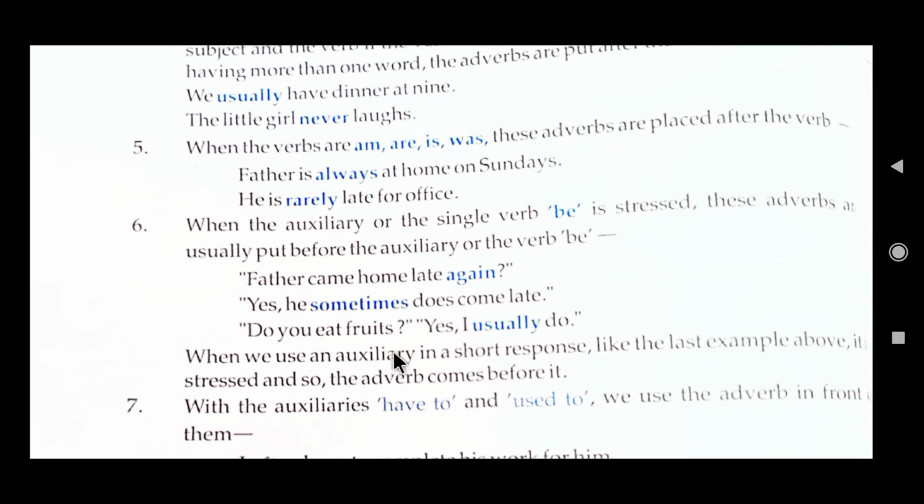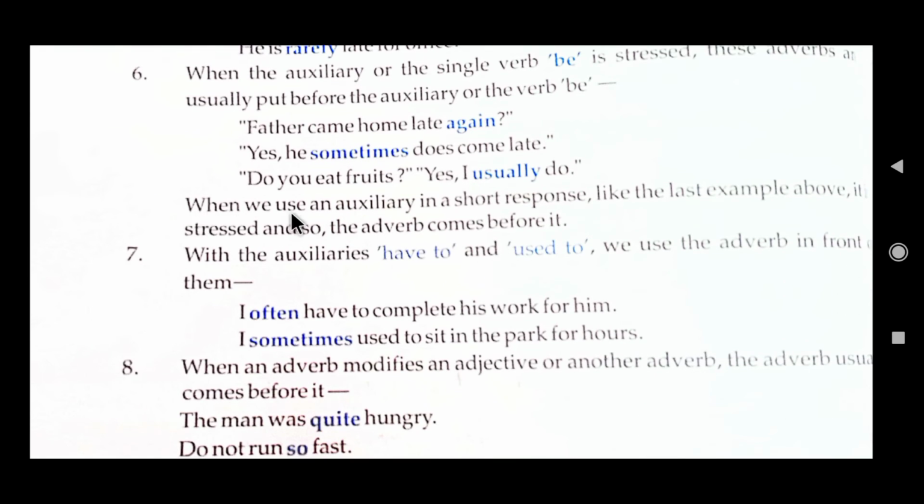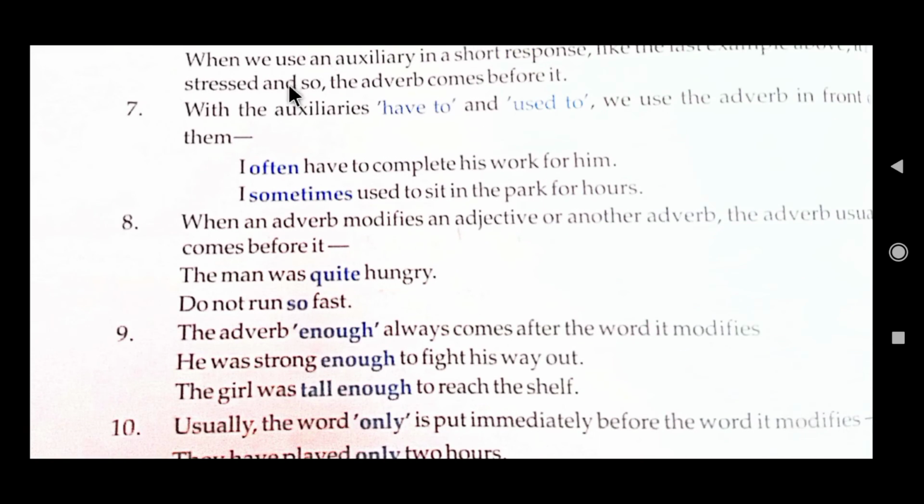Do you eat fruits? Yes, I usually do. When we use an auxiliary in a short response, like the last example above, it is stressed, and so the adverb comes before it. So the adverb comes before an auxiliary or a main verb. With the auxiliary have to and used to, we use the adverb in front of them. So whenever a sentence has have to and used to, we always use the adverb before them.